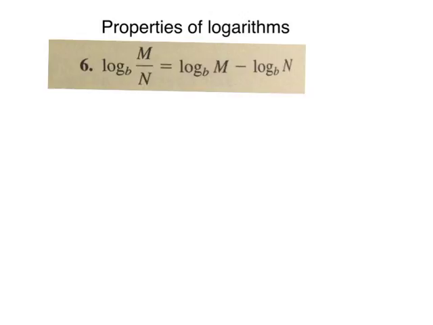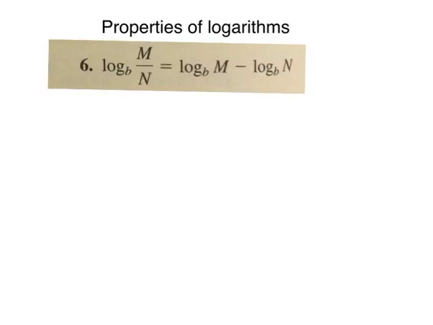Okay, this rule goes hand in hand with rule number 5. If you have log base b of m divided by n, instead of adding the pieces, you subtract. The reason is if you had a to the m over a to the n, you would subtract the powers. So that's why that works.